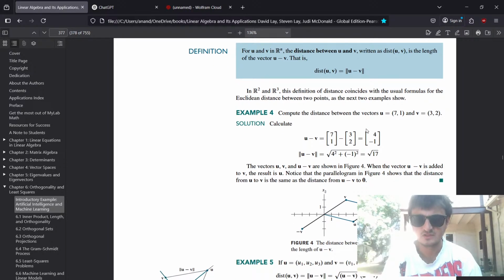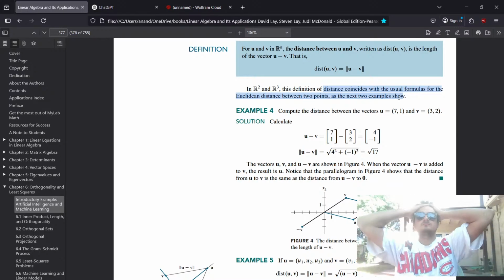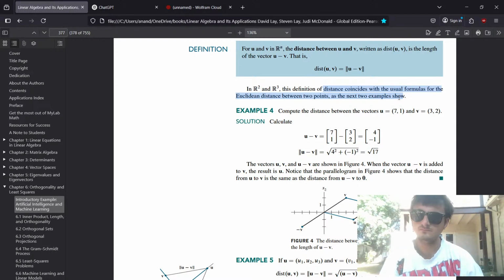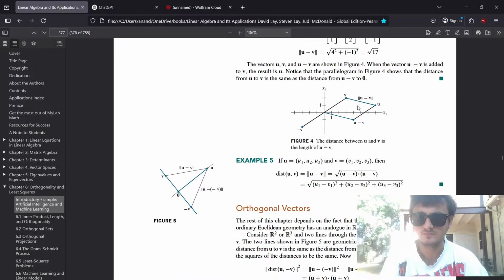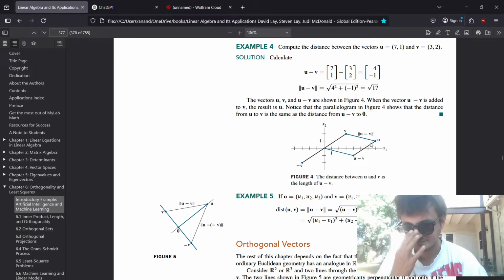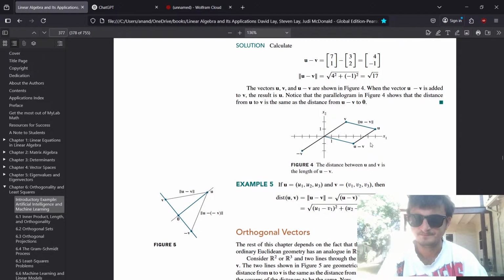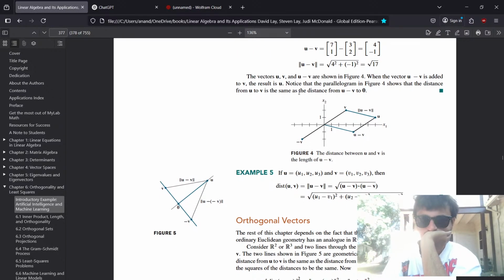Okay. In R2 and R3, this definition of distance coincides with the usual formulas for the Euclidean distance between two points. Okay, that makes sense.